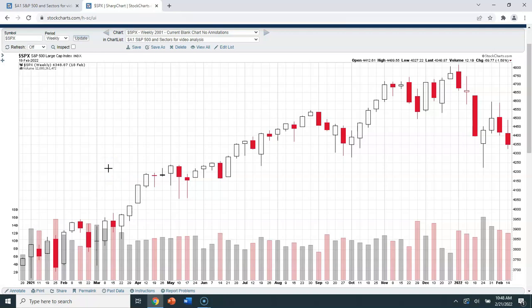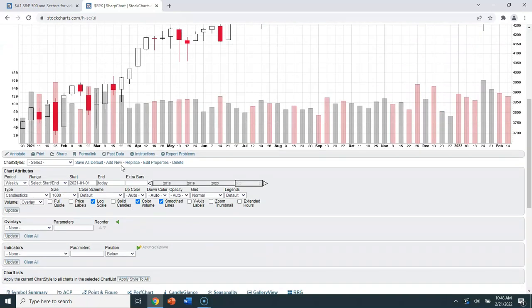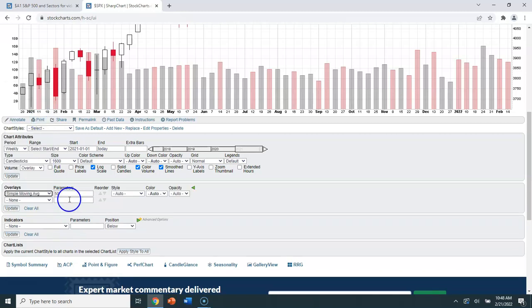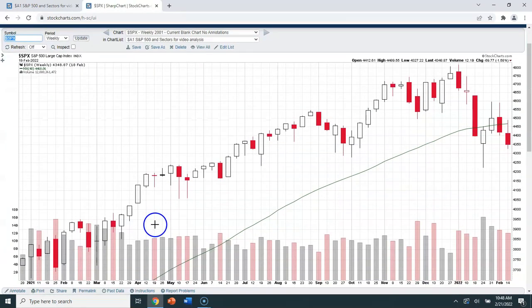So the first thing we want to do is take a look from a moving average standpoint as to where we are currently at. And I'm going to drop in the 40-week, which is very equivalent to the 200-day moving average. It's not always exact, but it'll get us close. And it's a pretty standard moving average to look at, right?